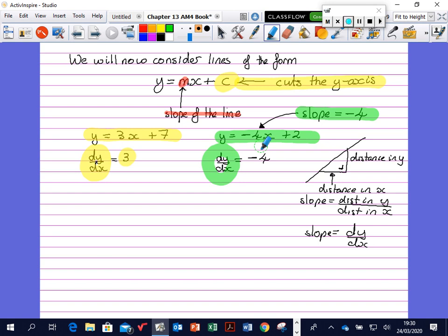Now, if we go back to our second year course, when we're looking at how to calculate the slope of a straight line, what we do is we measure the y distance and we measure the x distance, and to work out slope, we divide the y distance by the x distance, and hence you can see how this notation came about. Slope function is now called dy by dx.